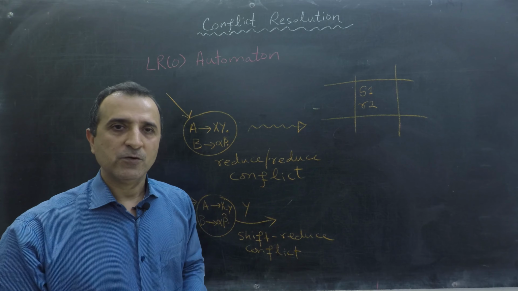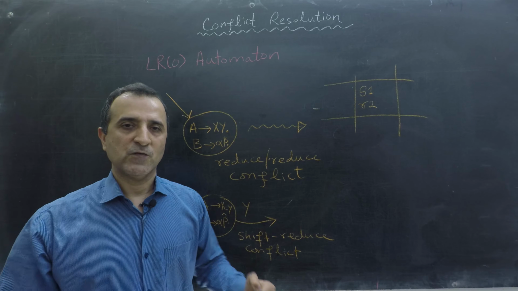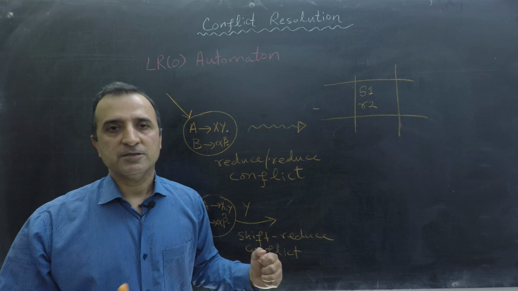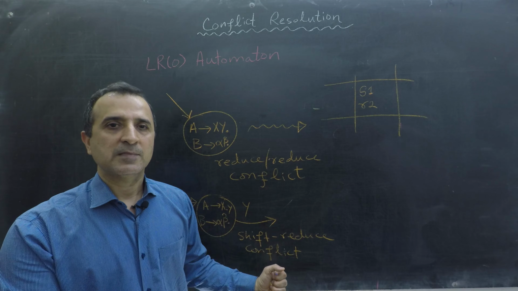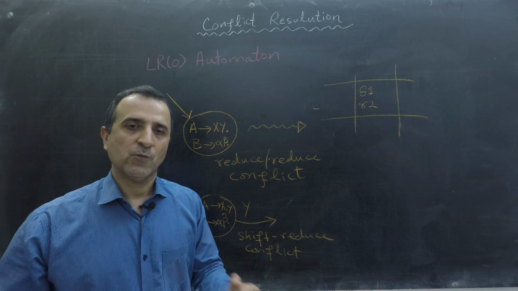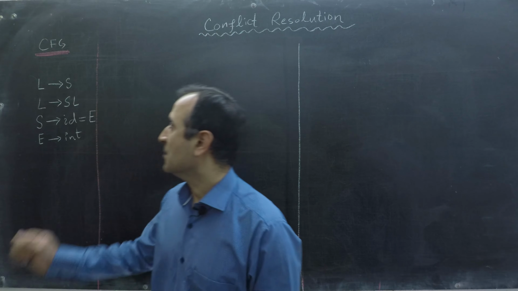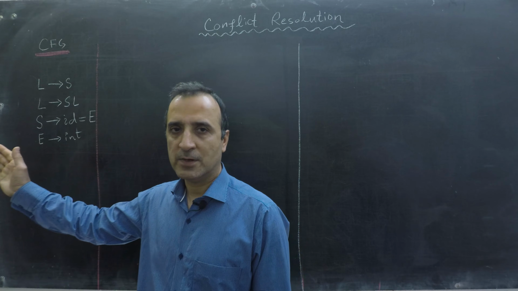Enough with the high-level view. Let's do an example. In this example, first we will create the LR0 parsing table, and then we will create the SLR parsing table. So this is my example context-free grammar.